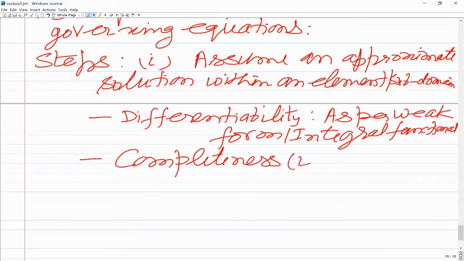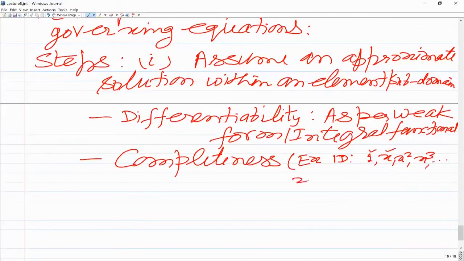For example, in a 1D problem we should have the constant term, the linear term, and the quadratic term. If we have highest power x square, then we must have the constant term and the x term. Or if the highest power of x is x cube, then x square, x and the constant term should be present in the approximate solution.